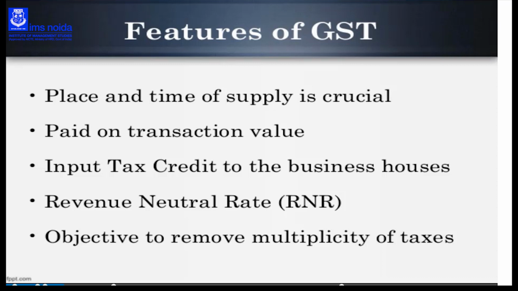So there were different types of taxes which we used to pay under the indirect tax head. Now GST, which was applicable from July 2017, has removed all those taxes, or you can say has subsumed all these taxes under one head, which is called goods and services tax. That is why it is called one nation, one tax.